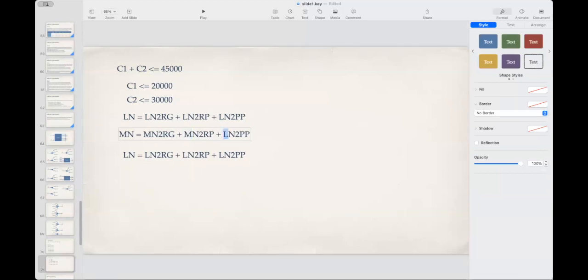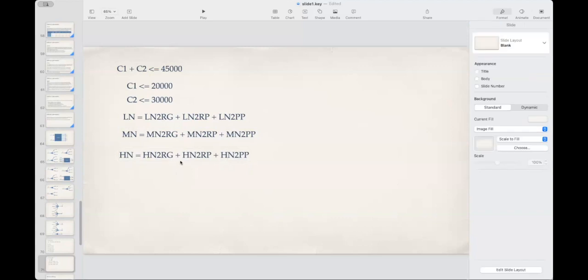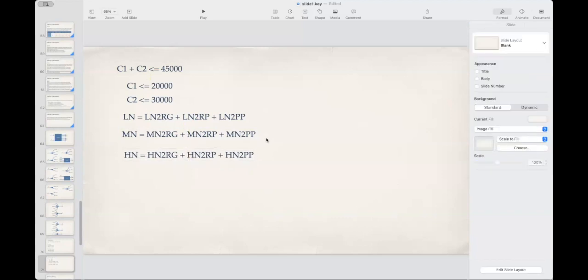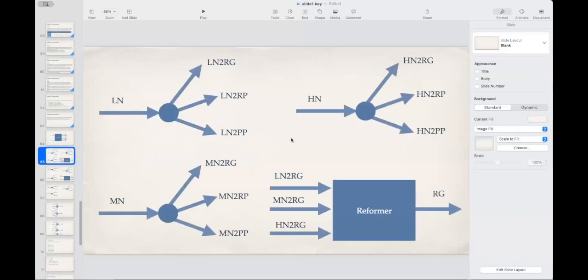And Mn. And this must be Hn, okay? Hn, Hn. And the last one also Hn, right? Yes. Okay, like this. So we finish this node, this node, and this node already.